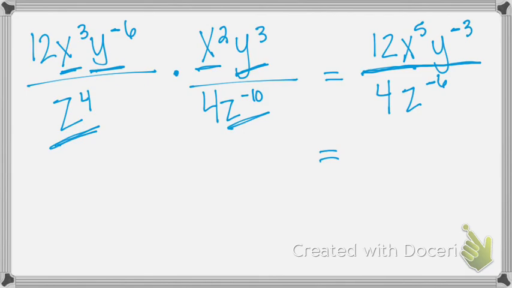Now, I want to simplify. So first, what I want to say is 12 divided by 4 is 3. Now, can we leave our x to the 5th alone? Yes, because it's positive. There's nothing we want to do. So we have x to the 5th. Now, if you look, that y has a negative 3, and that z has a negative 6.